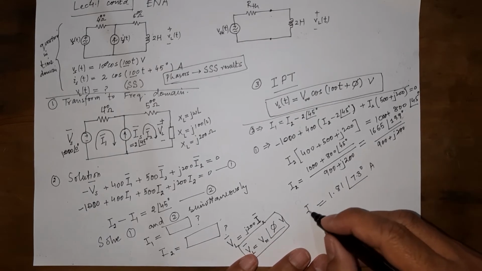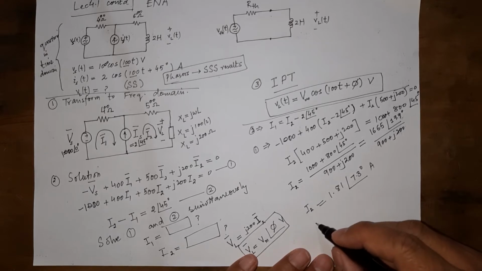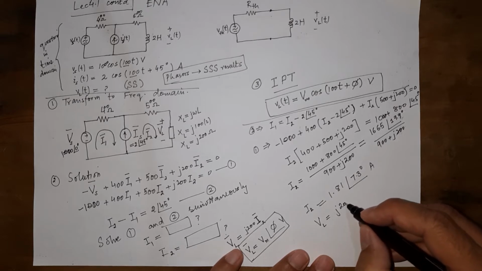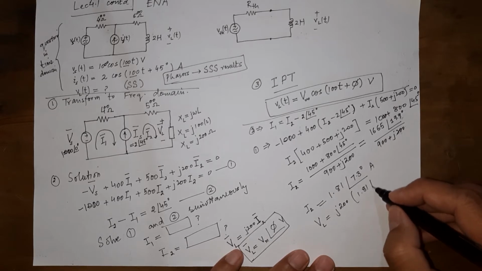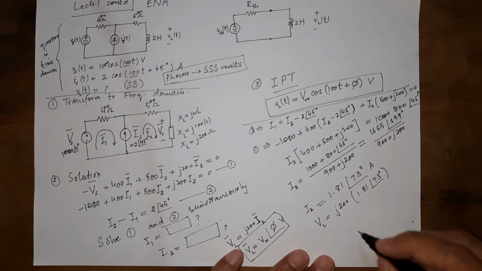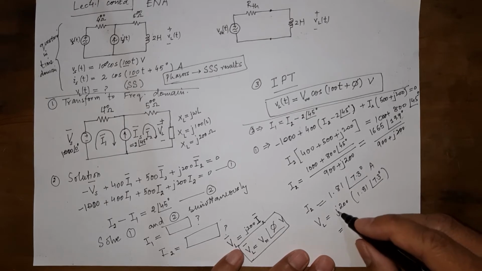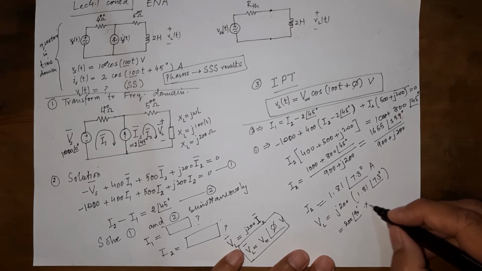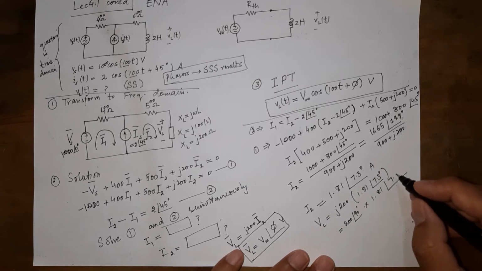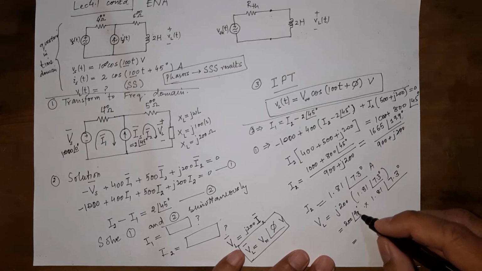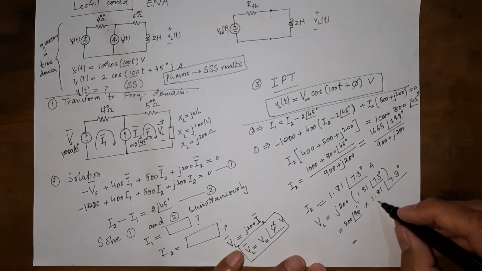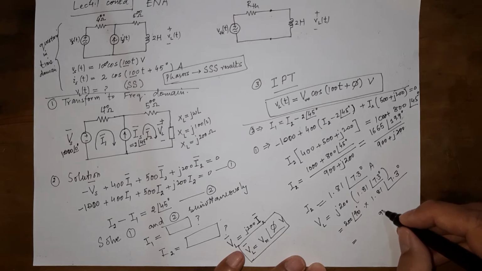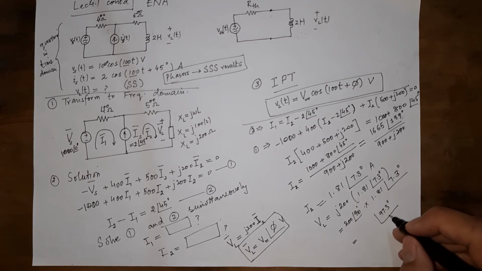So this is the phasor I2, and this VL will be equal to j200 into 1.81 angle 7.3 degrees. This j200 can also be written as 200 angle 90 degrees in polar form, multiplied by 1.81 angle 7.3 degrees. So 200 is multiplied by 1.81 to get the magnitude, and 90 is added to get the angle 97.3 degrees.